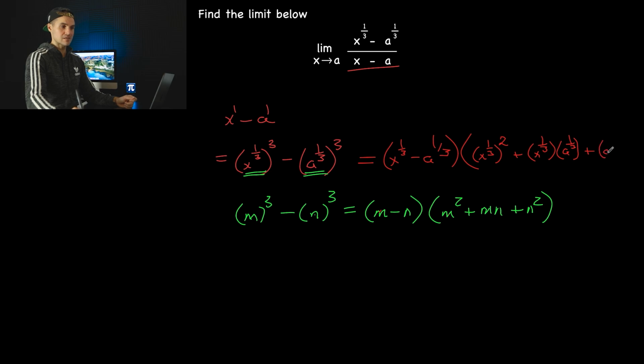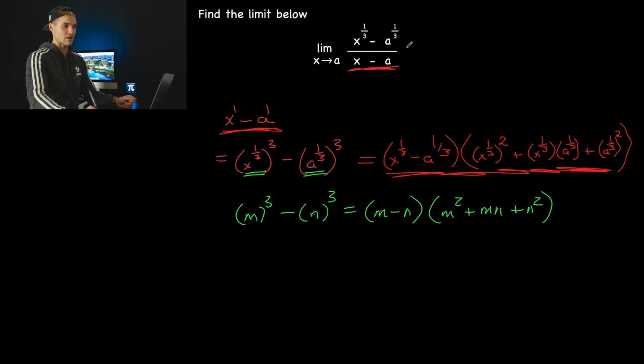The n value is a to the power 1/3, and that's going to be squared, and then we close the bracket. So basically this denominator, x minus a, is equal to that factored difference of cubes.